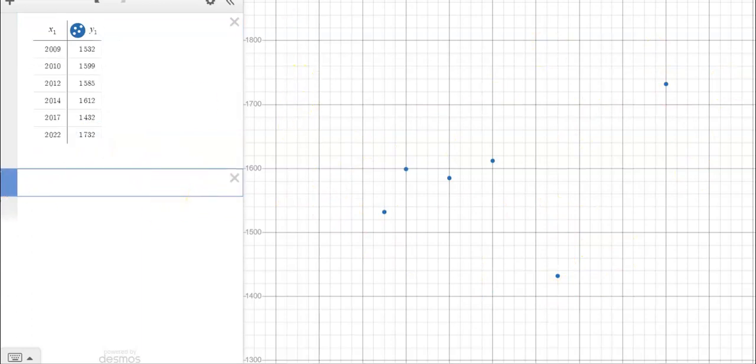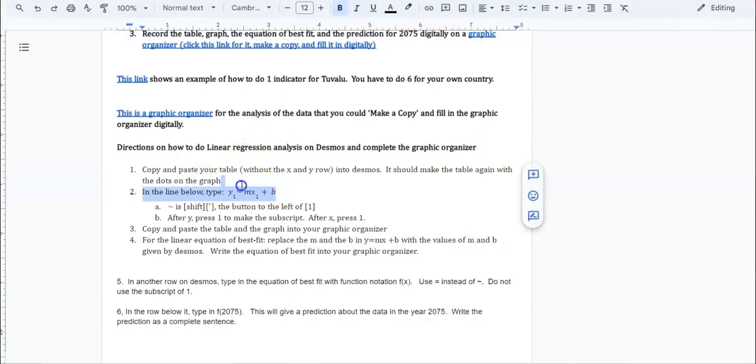All right, so the next step is you're going to write, the line below, we're going to write this. The little squiggle thing is shift, and there's a button to the left of 1.